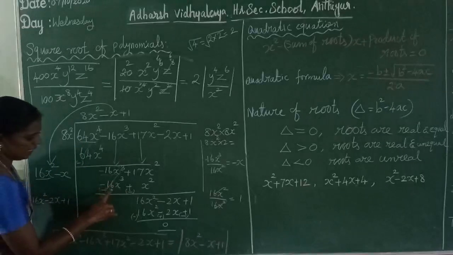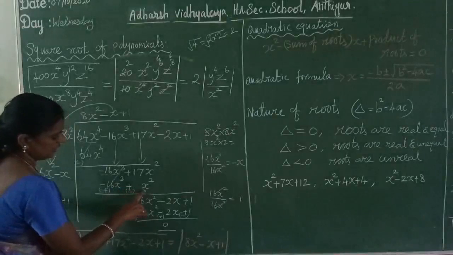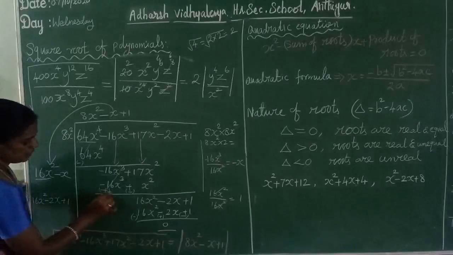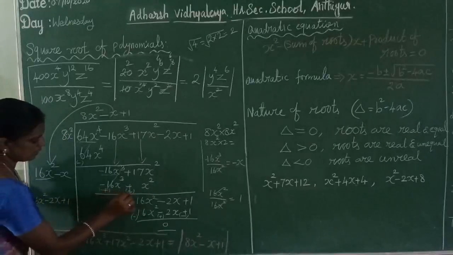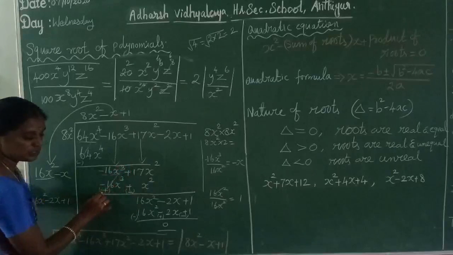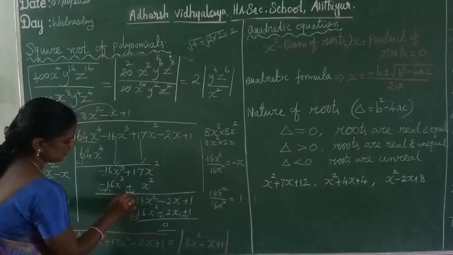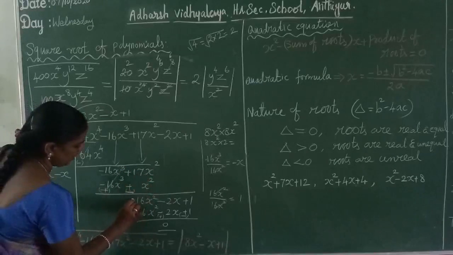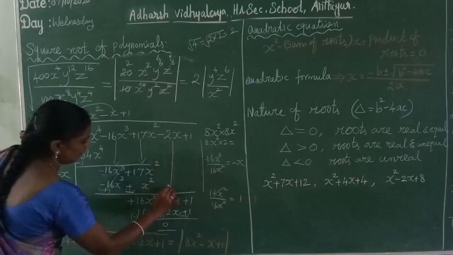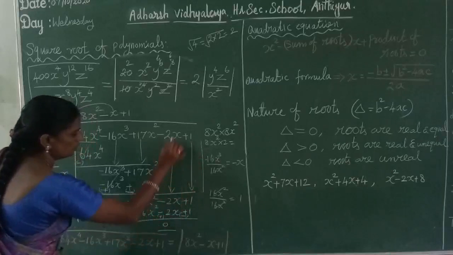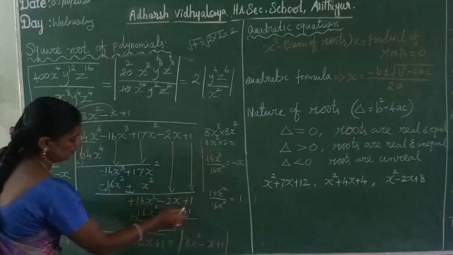What do we get? Minus 16x cube plus x square. And subtract, here change the sign, plus and minus. So 16x cube cancels. 17x square minus x square, what do we get? Plus 16x square, and bring down the remaining terms, so minus 2x plus 1.